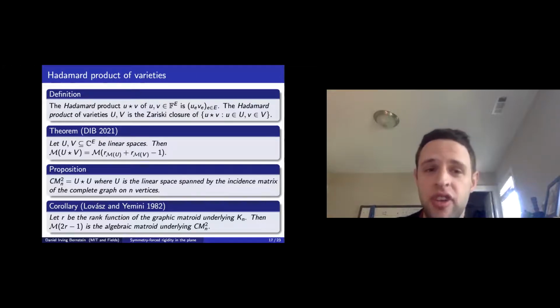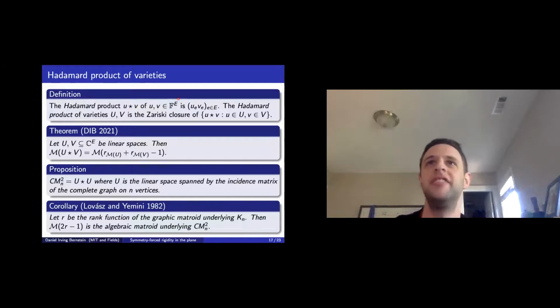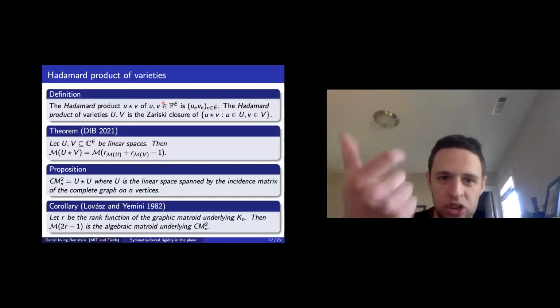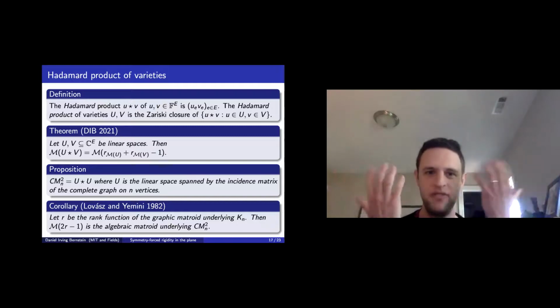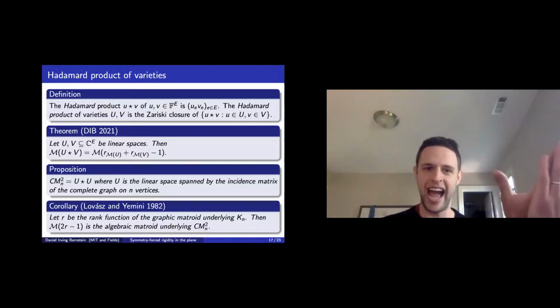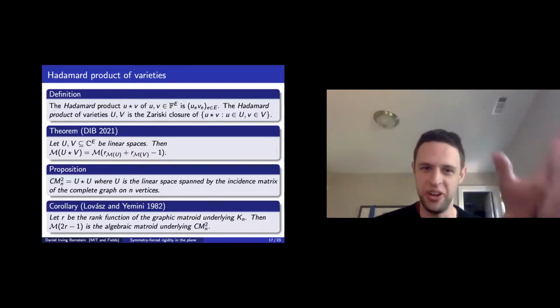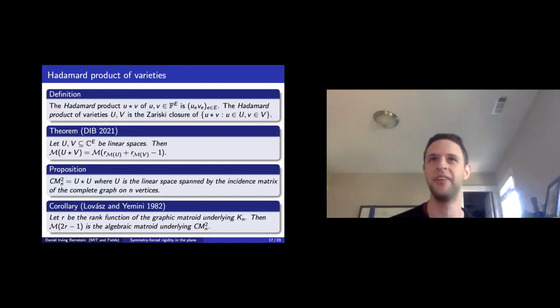Now, this construction interacts very nicely with something called the Hadamard product of varieties. Given 2 points in the space F to the E, the Hadamard product of those 2 points is just the coordinate-wise multiplication of them. The terminology comes from the Hadamard product of 2 matrices of the same size: you do exactly what you would tell your undergrad linear algebra students not to do, and coordinate-wise multiply things together.